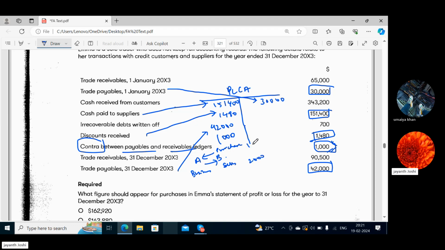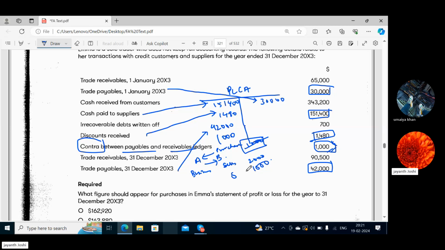Amount of purchase is say 1,000. So 1,000 will be adjusted against 2,000. So that becomes a contra between payables and receivables ledger. So we don't need to write off, and we can show that we have to make a payment of 1,000, or we have to receive a payment of 1,000 only from them. So 1,000 will come this side.